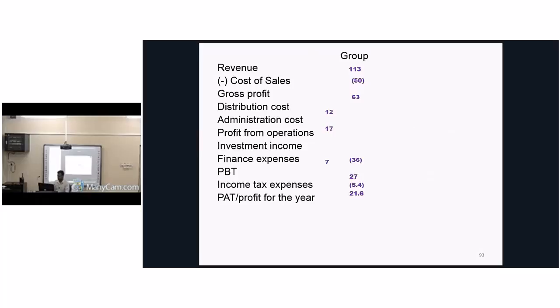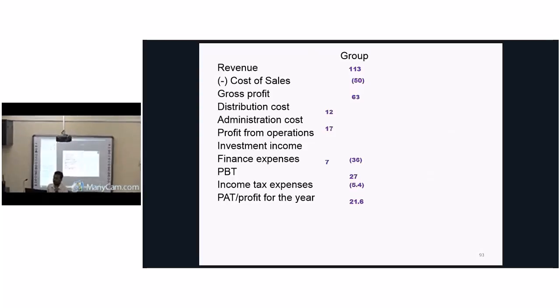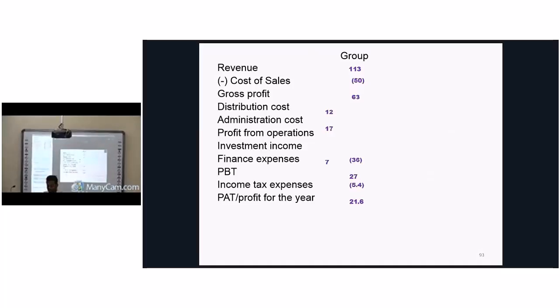Now the next part is this profit for the year should be split into two. It is kind of a group accounts requirement. It should be split into two as profit attributable to parent and profit attributable to NCI. Therefore, after this there is kind of an addition here.